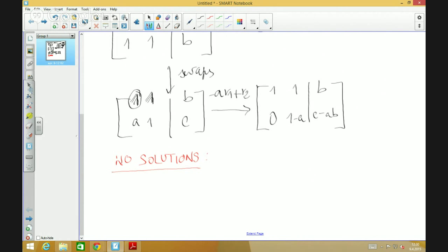If A is 1, this 1 minus A becomes 0. So the last row becomes 0, 0, and then, since A is 1, C minus B.